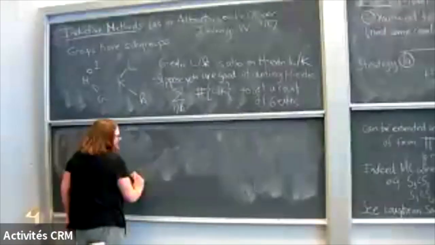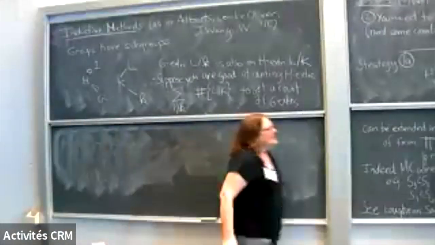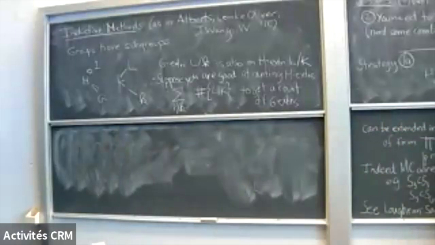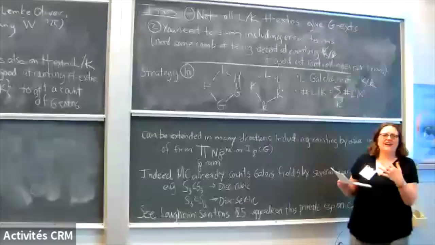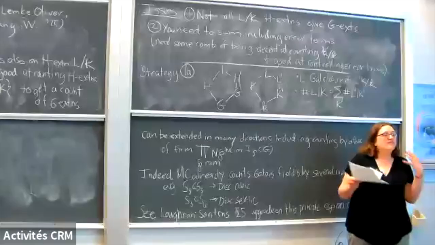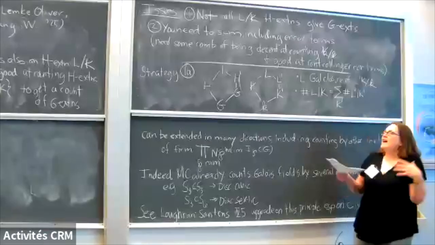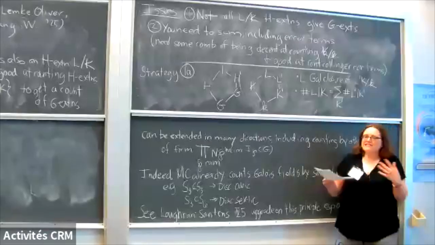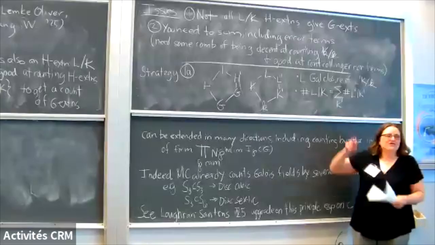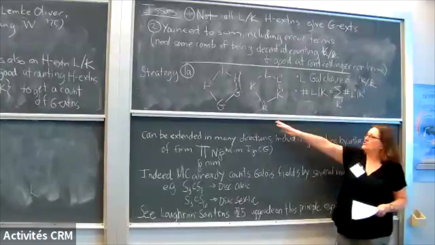It might have seemed like I introduced a lot of subgroups into this picture. But one reason that I decided to even do this in the talk is to give you a little bit of a sense of the flexibility of this outlook, which is you can try to do this method when you're counting G extensions.